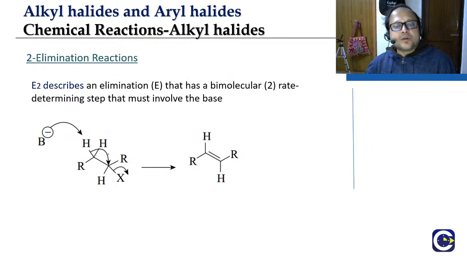You can see that while X is going out, it is your leaving group, and it is trying to form a carbocation, but it happens simultaneously. Your hydrogen goes out, and in its place it is snatched by the base, and therefore this double bond formation is much easier, and it takes much less time in comparison to the E1 mechanism. So this is how it happens, right? I hope it is totally clear till now.